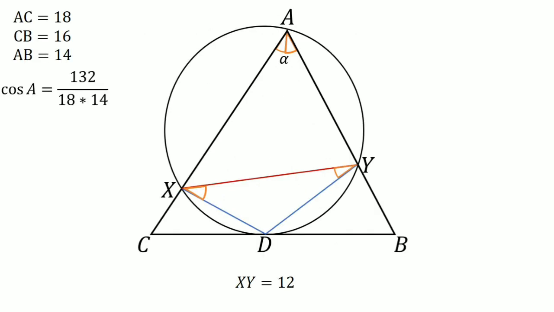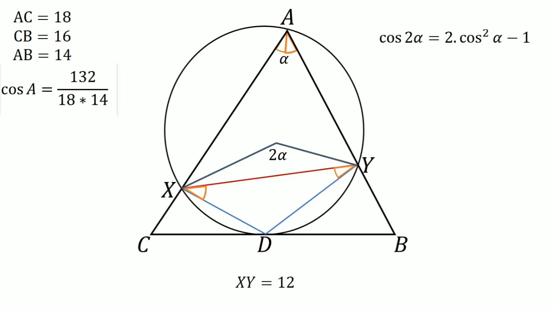Now consider angle CAB to be alpha, and then join the lines from the common chord XY to the center so that the angle formed is 2 alpha. Now we use the identity cosine of 2 alpha is equal to 2 times cosine squared of alpha minus 1.